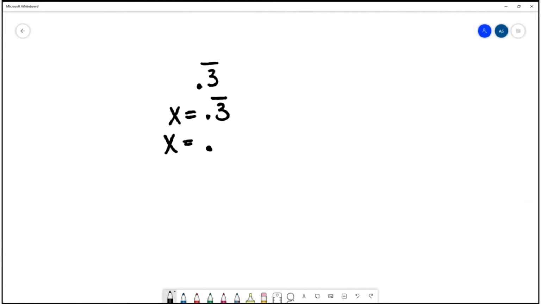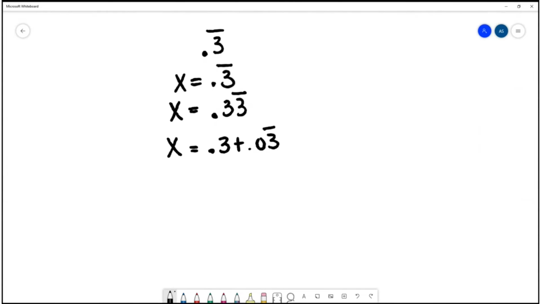So 0.3 repeating is 0.33 repeating, and I can rewrite that 0.33 repeating as 0.3 plus 0.03 repeating. And from here, I'm going to do something that you might not think of.